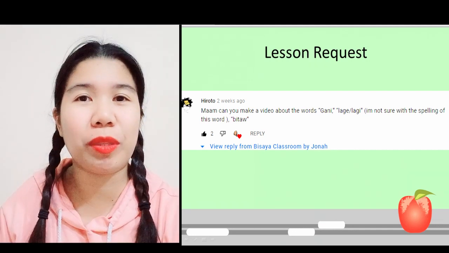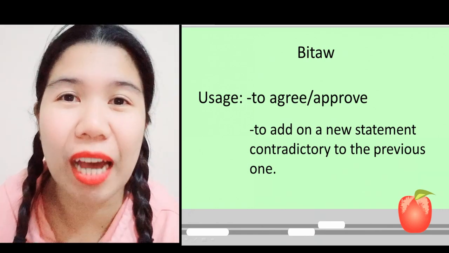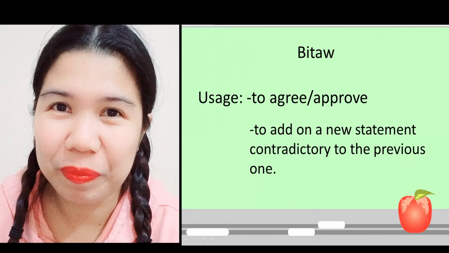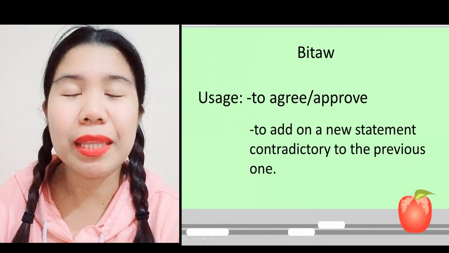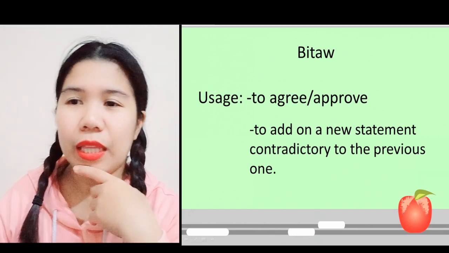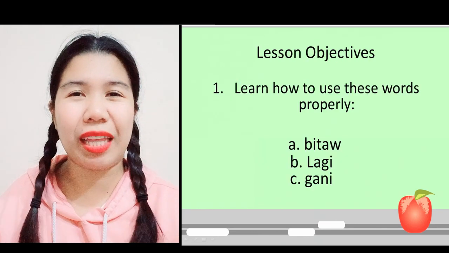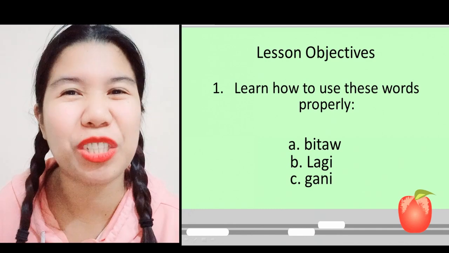Let's first start with Bitaw. That's number 1. Say Bitaw, Bitaw. Actually, these Bitaw, Lagi, and Gani, these Bisaya words don't really have an exact English translation, you know?